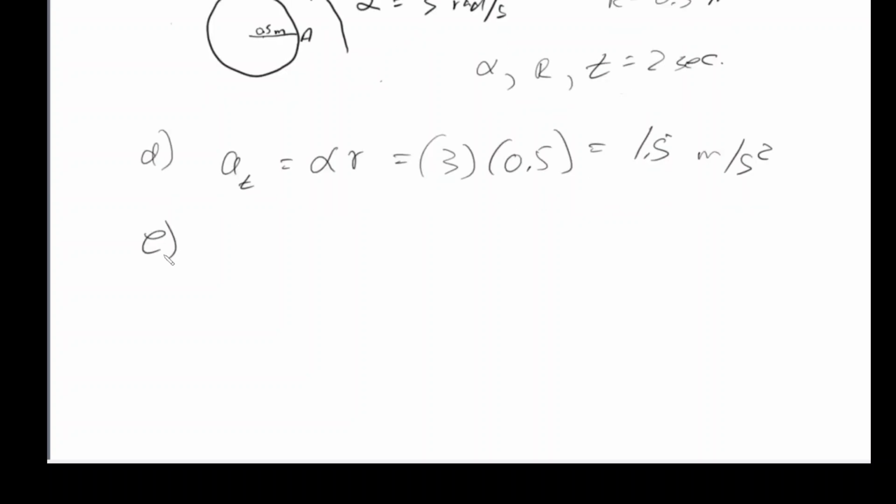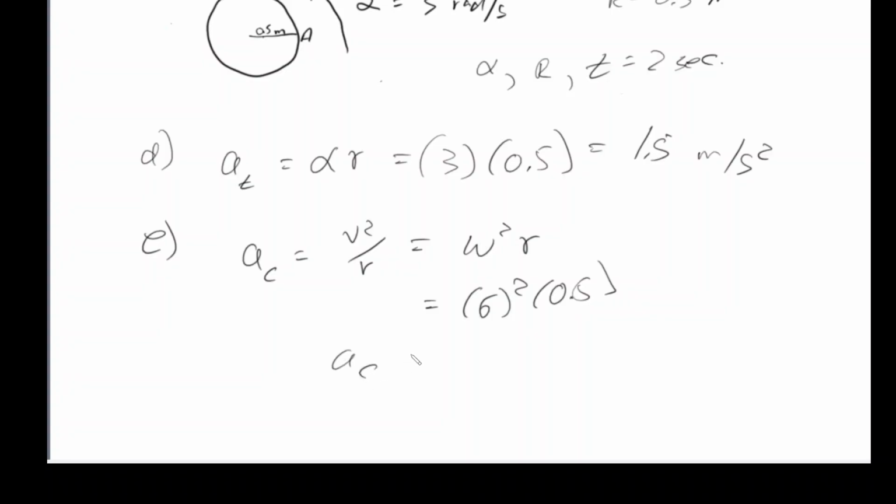And E, what is the centripetal acceleration at A at 2 seconds? Well, we know centripetal acceleration is v squared over r, which is also equal to omega squared r. So that would be equal to 6 squared times 0.5.